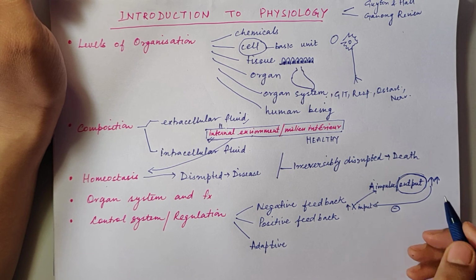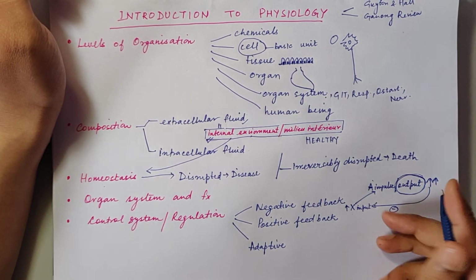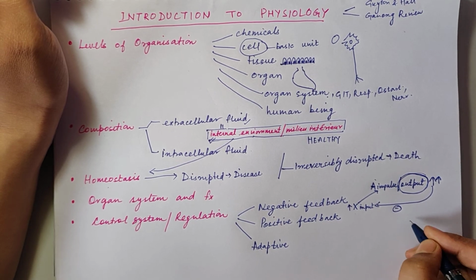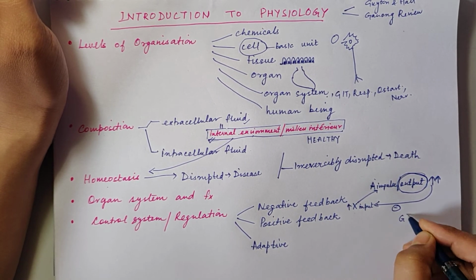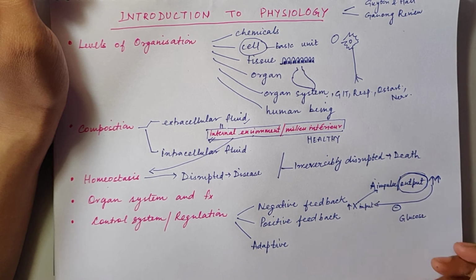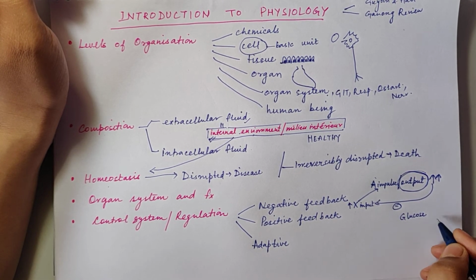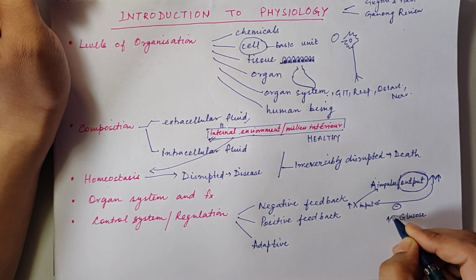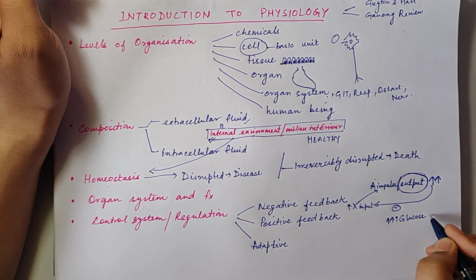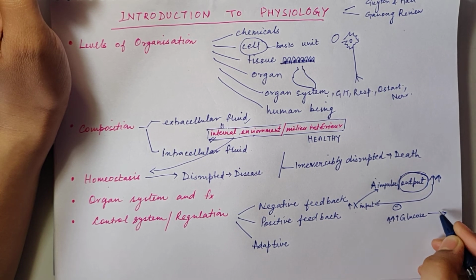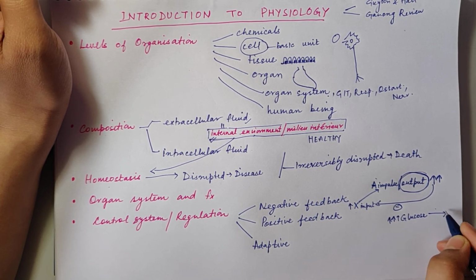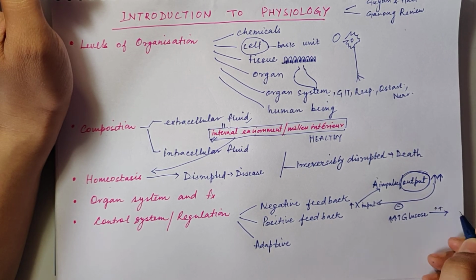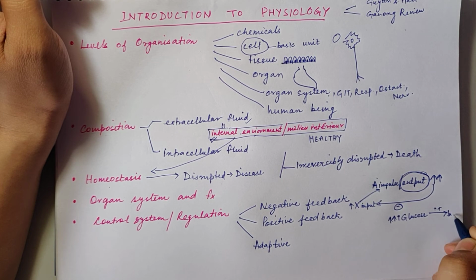For example, though it is a very crude way, there are multiple more mechanisms involved. But if you take the example of glucose and insulin, whenever there is an increase in glucose, it will increase the secretion of insulin.